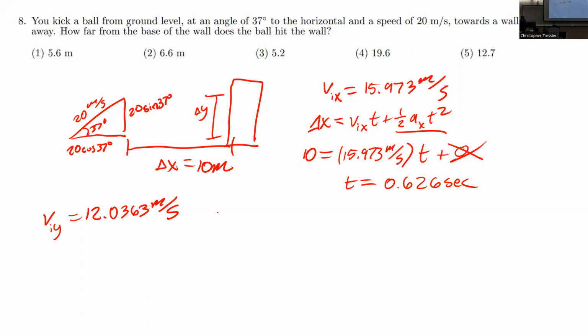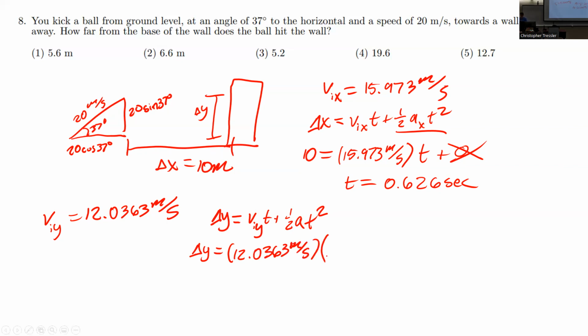So we're going to say change in y is equal to velocity initial y times time plus 1/2 a t squared. And then after that, we're going to say change in y is equal to 12.0363 meters per second times the time, which is 0.626 seconds.